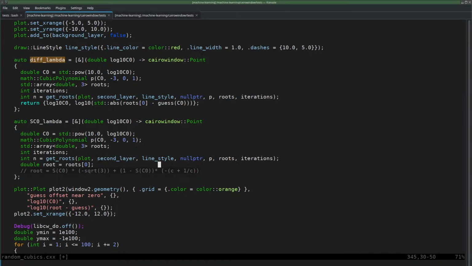So we want to smoothly switch from this for small C0 to this for very large C0. Yeah, maybe the other way around. That means that for small C0 now this must become 1. It seems more logical to make it 0 for small C0. So let's change this to 1 minus that.